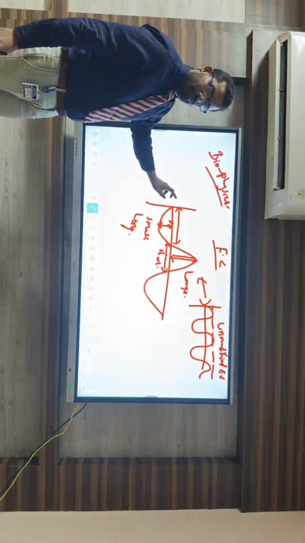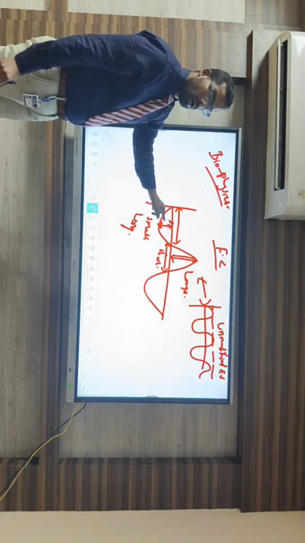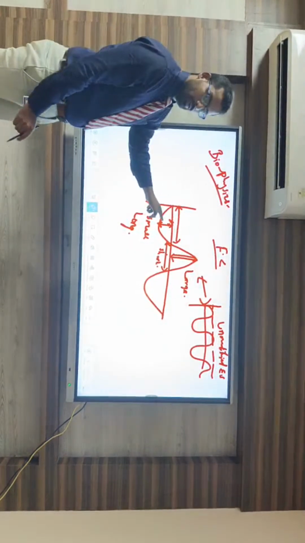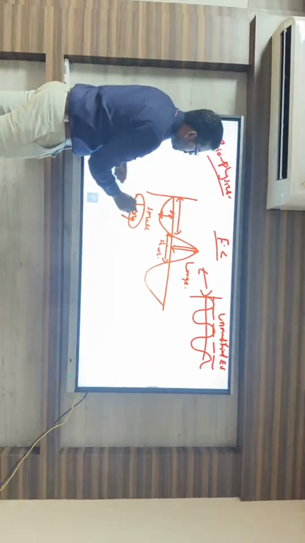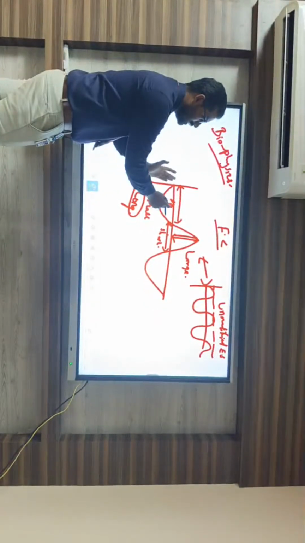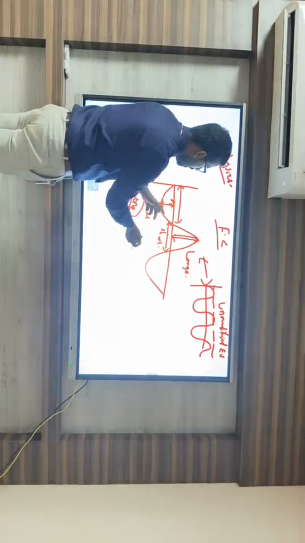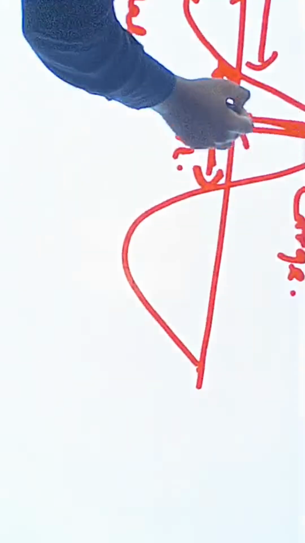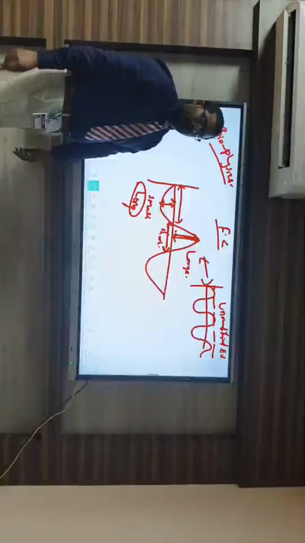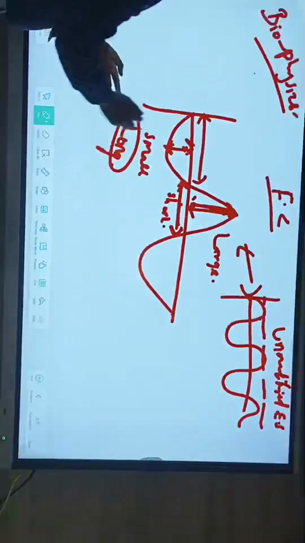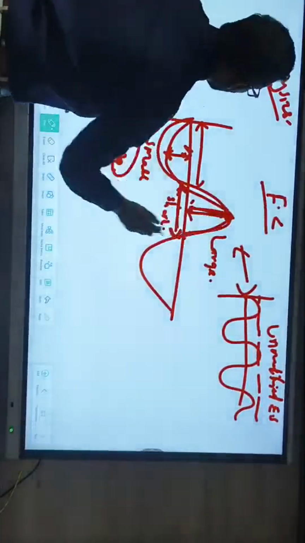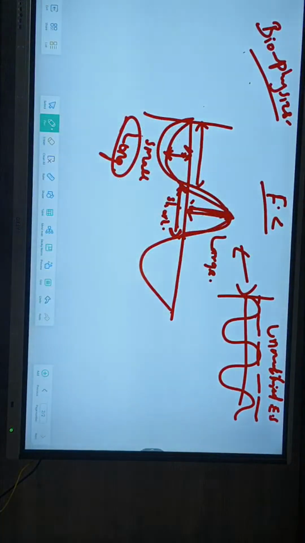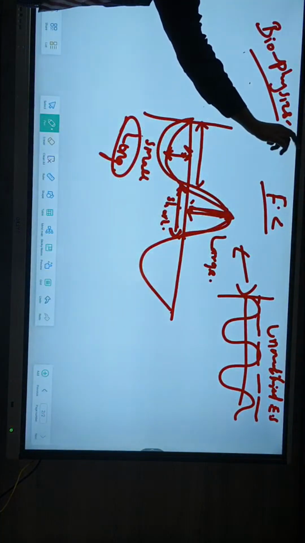So in our first rectification, there is a small amount of intensity and a long pulse duration. It is vice versa in the second half of the rectification, that is a short pulse duration and a large intensity. So this is the vice versa we see in the biophysics of the Faradic current. Clear? Yes.